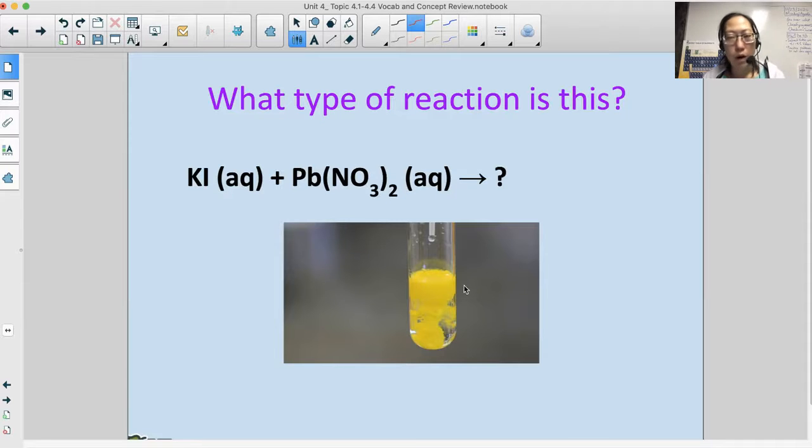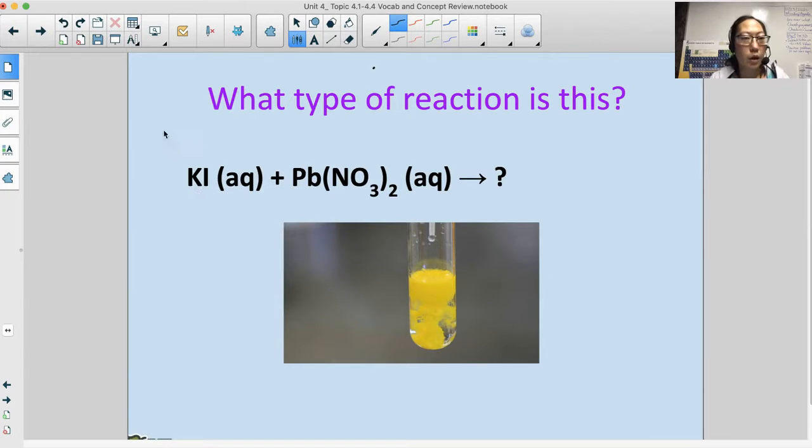All right, so now we want to guess what type of reaction this is based on just the reactants. So here I have an ionic compound. Okay, so we want to look at the reactants here.